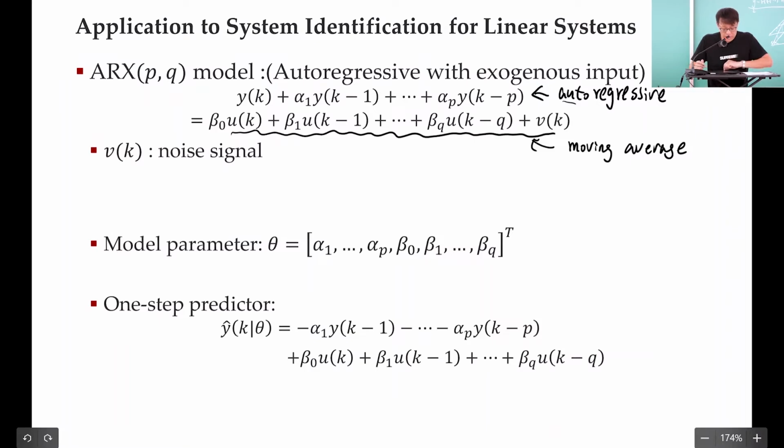So for the model parameters in this case, what are the parameters? Those alphas and betas are all parameters.